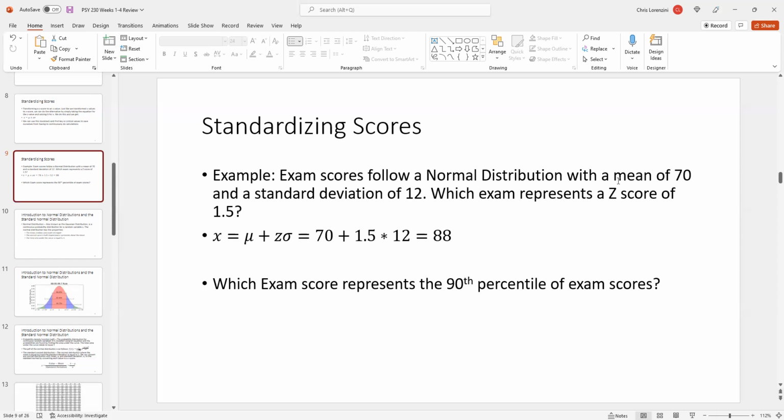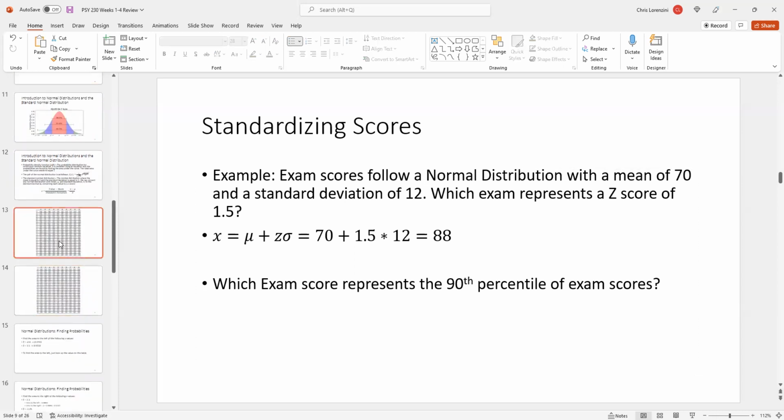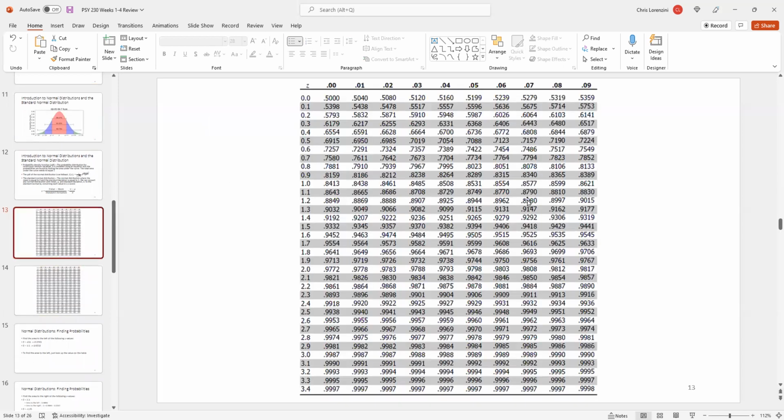So if I was curious what the 90th percentile of exam scores from a normal distribution is, I would come to my Z table and try to find the point such that 90% of the data was less than. So I'm going to look in this middle. This is kind of what we were doing when we were finding those critical Z values this week.